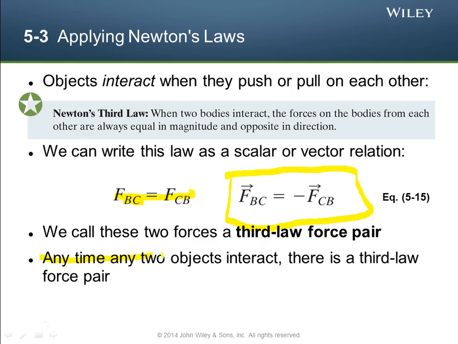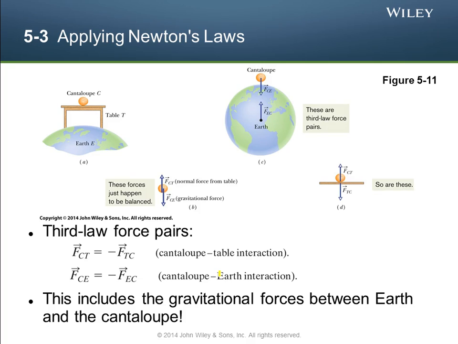Key thing here is anytime two objects interact, there is a third law force pair, and these are on different objects. The Newtonian pairs are not going to be on the same object. So if we have this cantaloupe that's sitting on a table that's on Earth, what's happening to the cantaloupe? There's the force on the cantaloupe from the table, which is going to be equal to the negative of the force on the table from the cantaloupe.